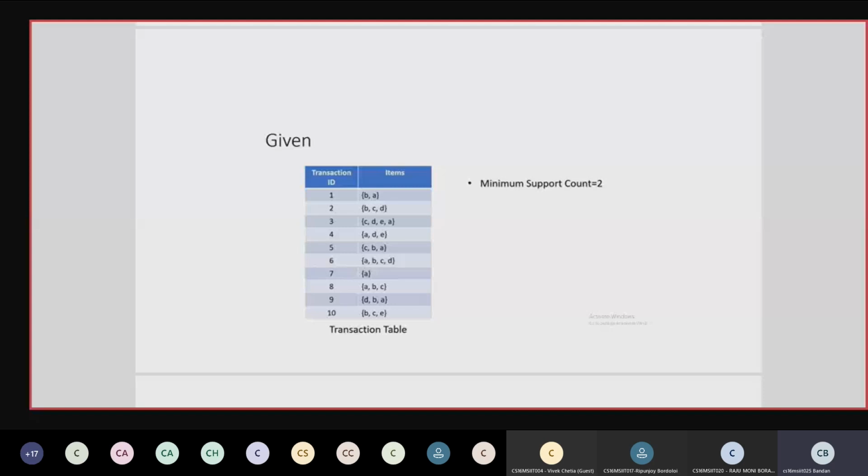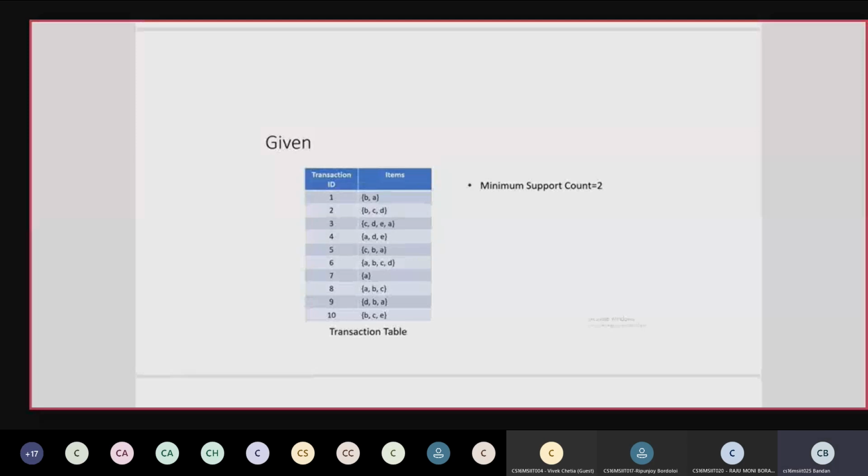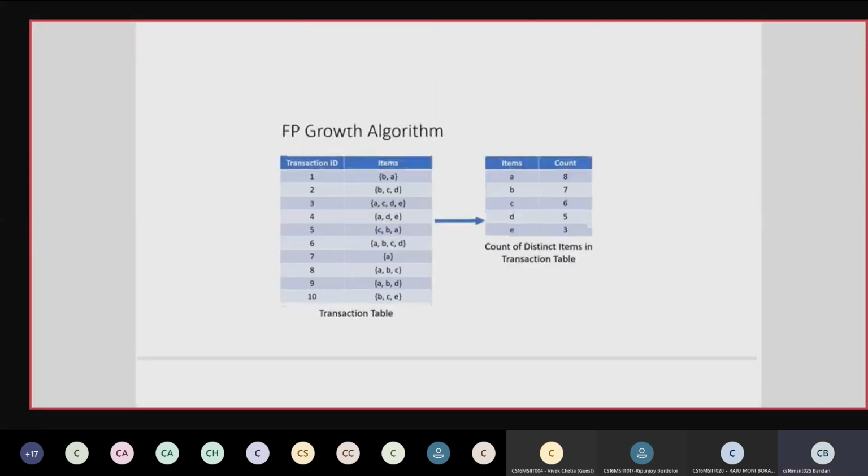And for the minimum support, any item which has support greater than or equal to it, we will consider as frequent. So that is step one of the FP growth algorithm.